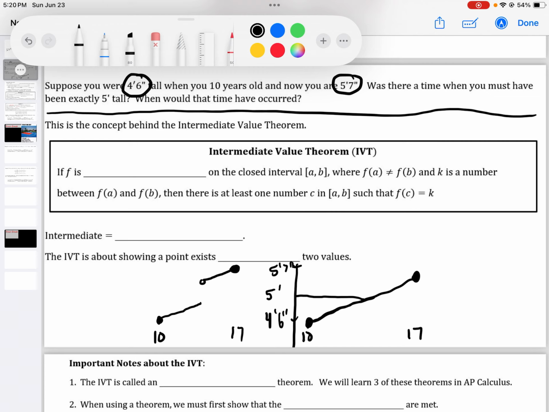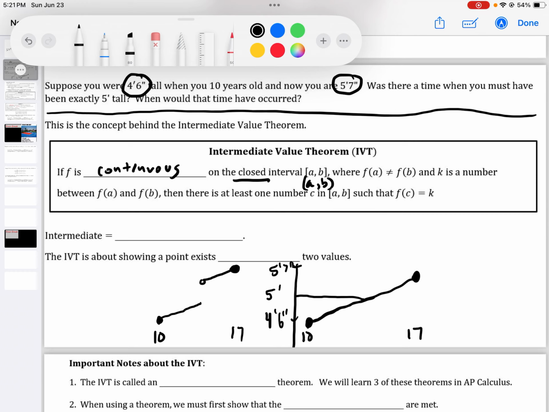So the big condition is f has to be continuous. So if f is continuous on the closed interval, it has to be at the endpoints also, right? The open interval would be from a to b, not including a and b.